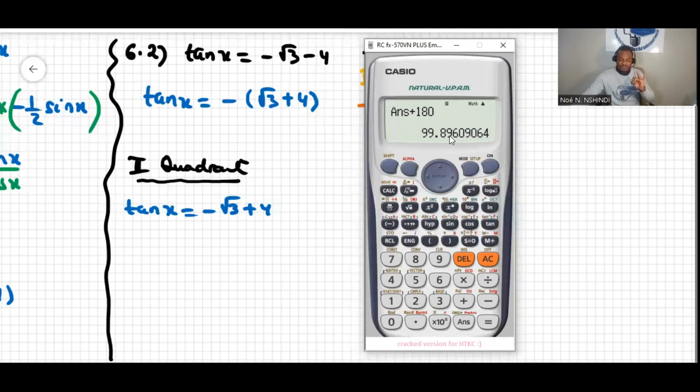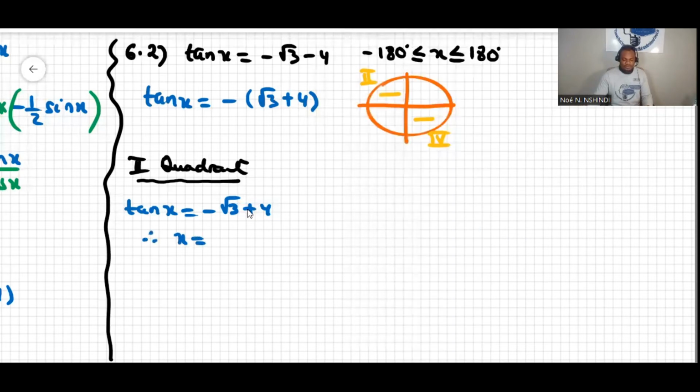But if you increase by 1 unit, this is gonna be over, so it's gonna increase this one by 1 unit also. So it's gonna be 99.9. Therefore, x will be equal to 99.9 degrees. And that's on the second quadrant.